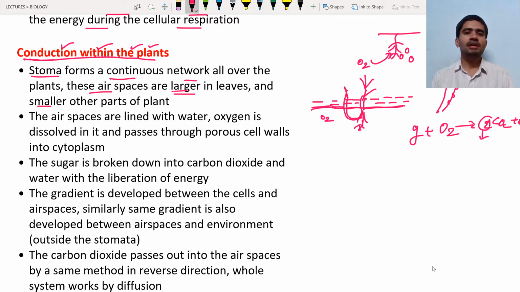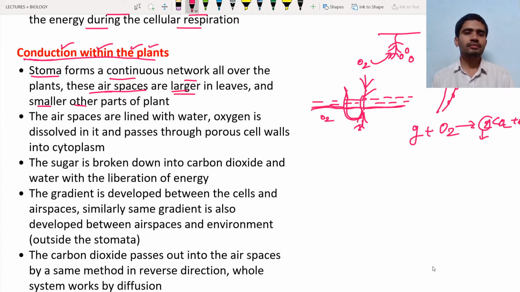The remaining parts, like the stem containing lenticels, or the roots that absorb the gases present in the soil, have fewer air spaces. The stomata present in the leaves help in photosynthesis and majorly help in cellular respiration. So there will be larger air spaces in the region where there is a stomata.